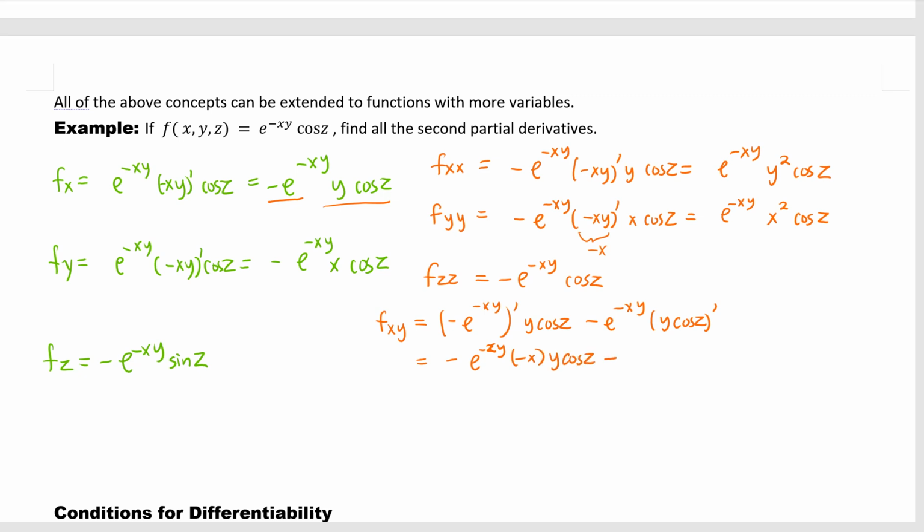Okay, so I hope you're familiar with that, because I don't have enough space here to write down every detail. So the derivative of y is 1, so we have cosine z. Is that okay, everybody? So minus minus cancels, so e to the minus xy cosine z minus e to the minus xy cosine z.